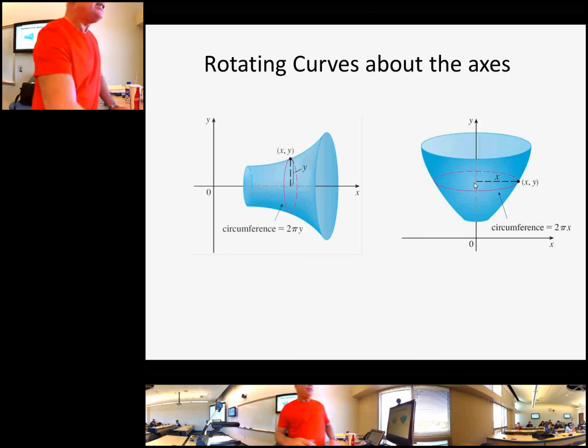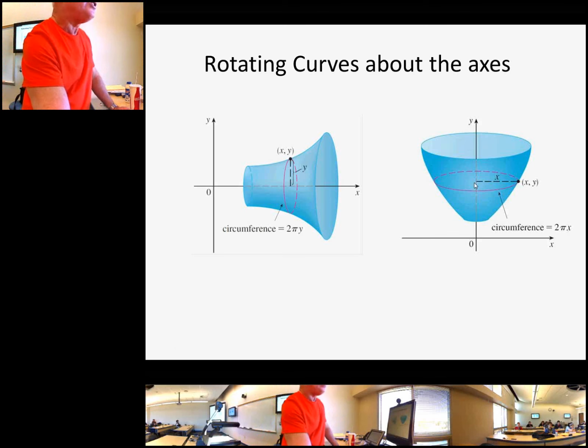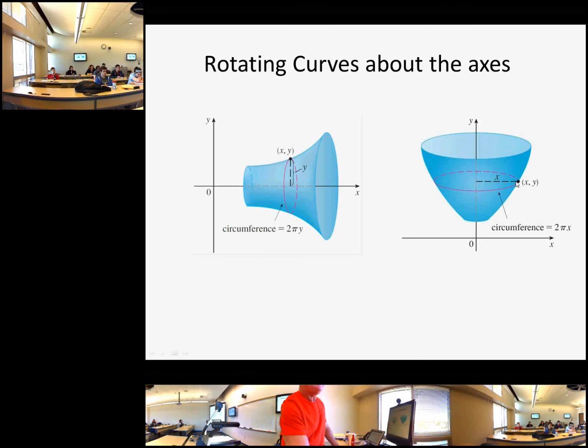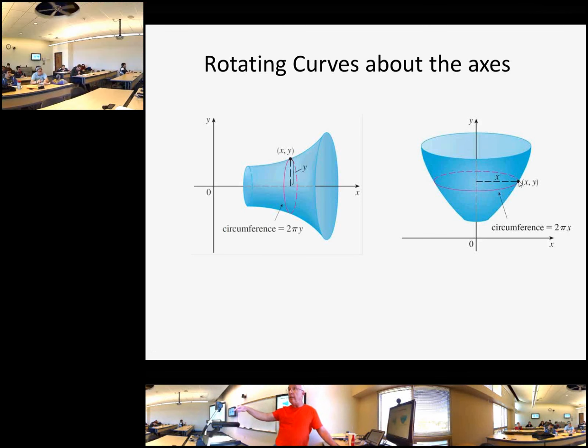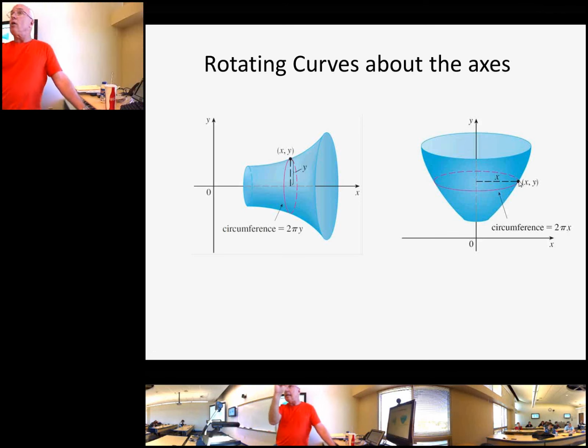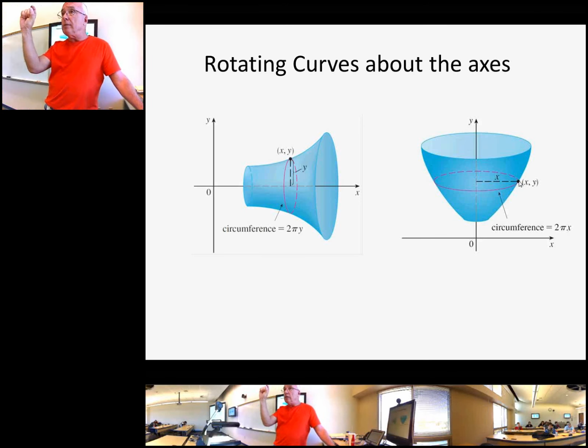In this case, when we revolve it around the y-axis, the radius here is the x value of the curve. That's our radius. And so the whole circumference of that circle is going to be 2 pi times the x value, 2 pi times the radius. And then we're going to be multiplying that by a little segment of the curve that we're going to call ds.